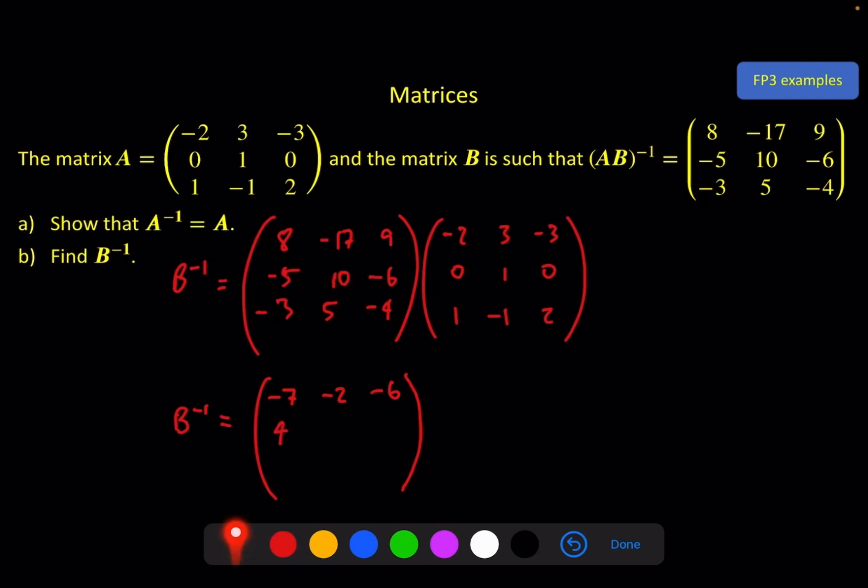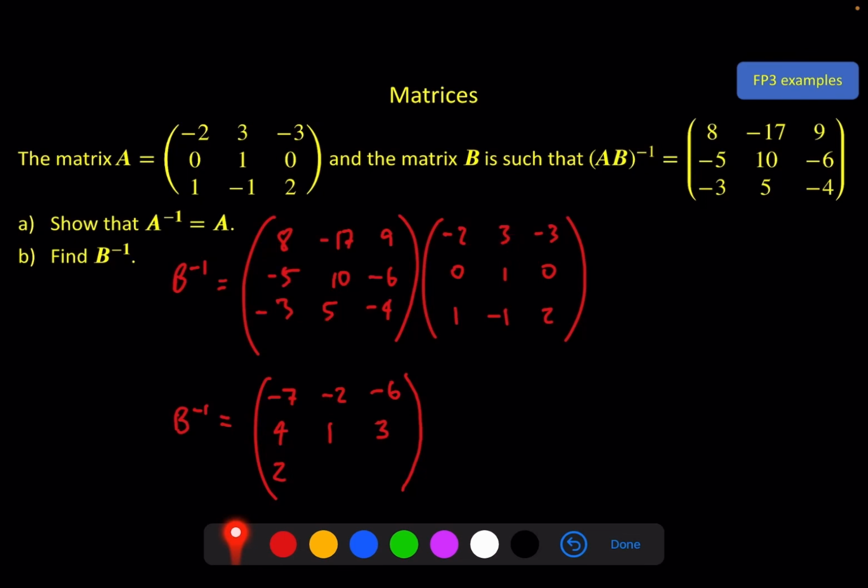Minus 15 plus 10 plus 6 is 1. 15, 0, minus 12. 15 minus 12, 3. Third row, first column, 6, 0, minus 4. 6 minus 4, 2.